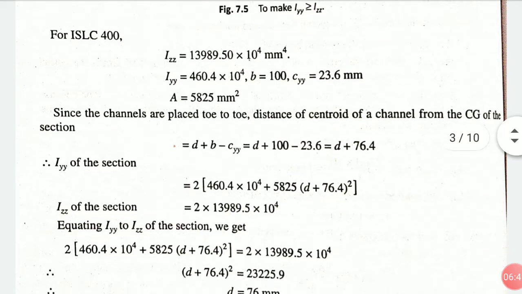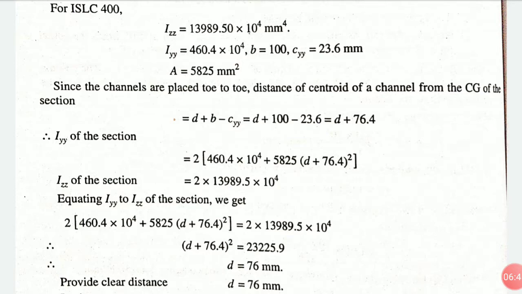So IYY of the section is 2 times I plus A Y bar square. In the elements of civil engineering you might have studied it. 2 times IYY plus A Y bar square. Okay, IYY is 460.4 into 10 raised to 4 plus A Y bar square. A is 5825, Y bar is D plus 76.4 square.